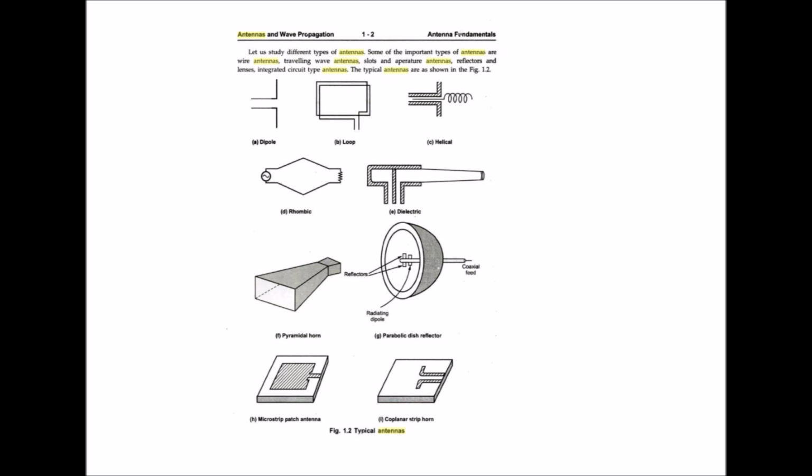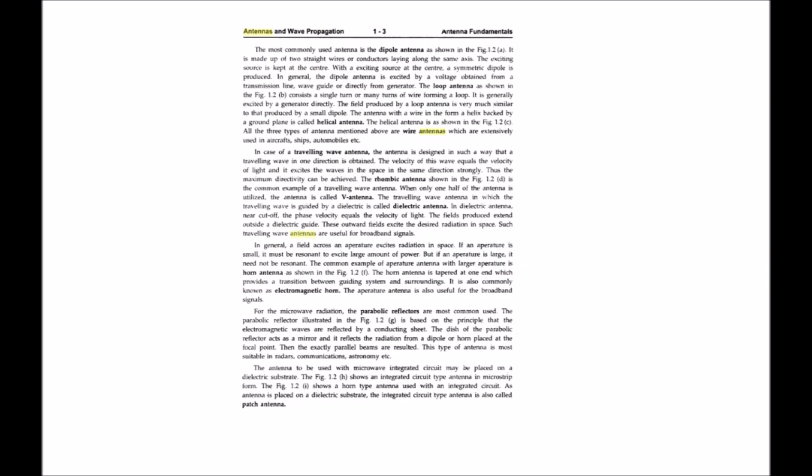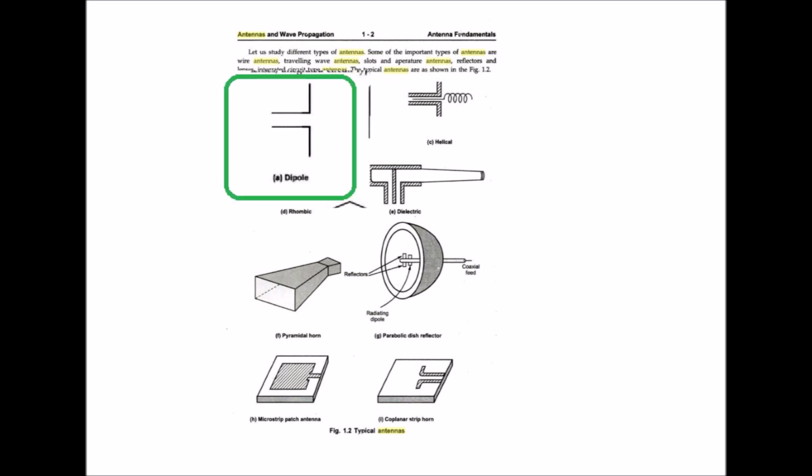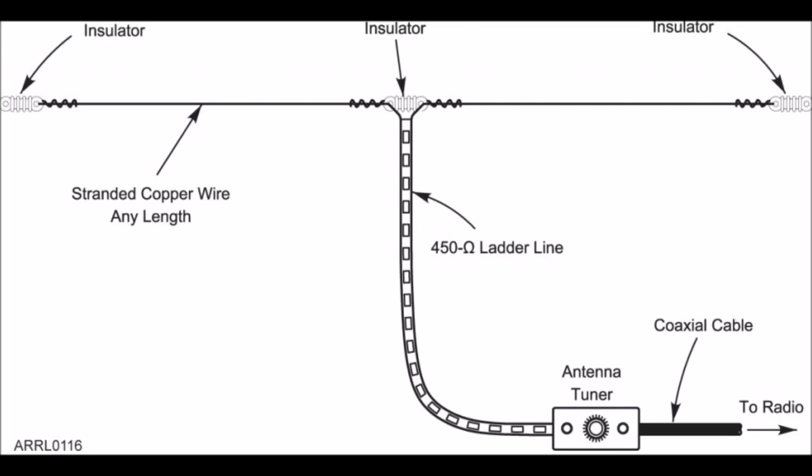Page 1.3. The most commonly used antenna is the dipole antenna, as shown in the figure 1.2a. It is made up of two straight wires or conductors laying along the same axis. The exciting source is kept at the center.